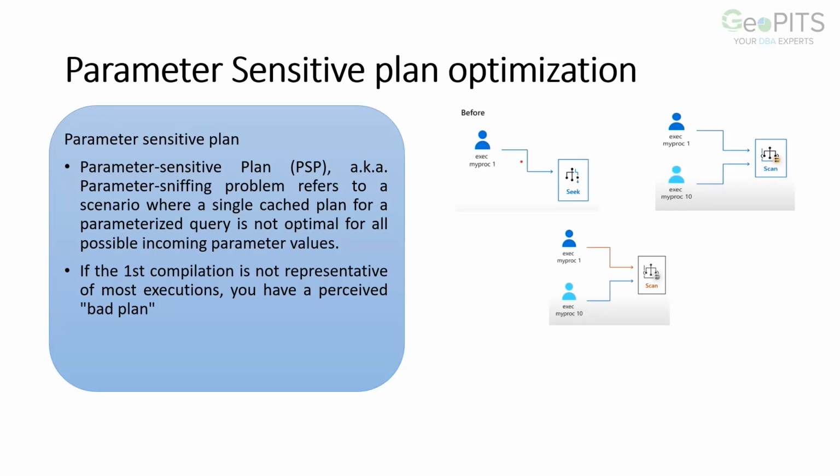Parameter sensitive plan optimization will improve this. How does it make sense? When you execute the procedure with a minimal value, it will take the seek plan. If you execute the procedure with a maximum parameter value, it will take the scan. It won't take the previous plan residing in the plan cache.